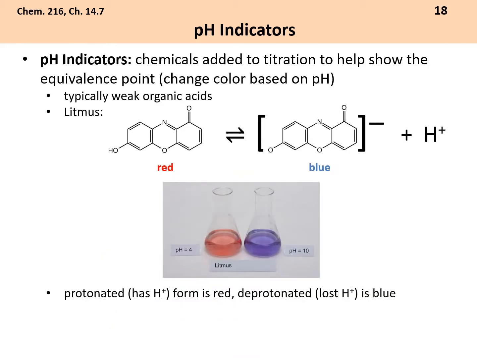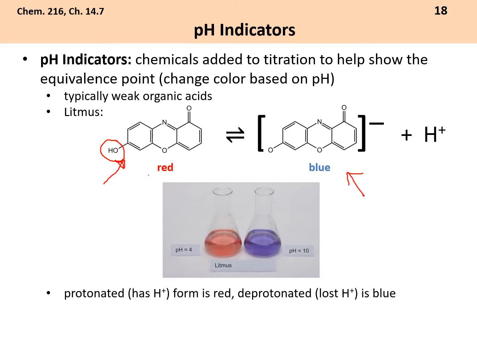Why is this? Well, this is because litmus is actually this compound right here. That's why we call it litmus, because this is a very complex compound, and it ends up being a weak acid. See this OH here? This hydrogen is acidic, so it can be lost, and we form this compound here.